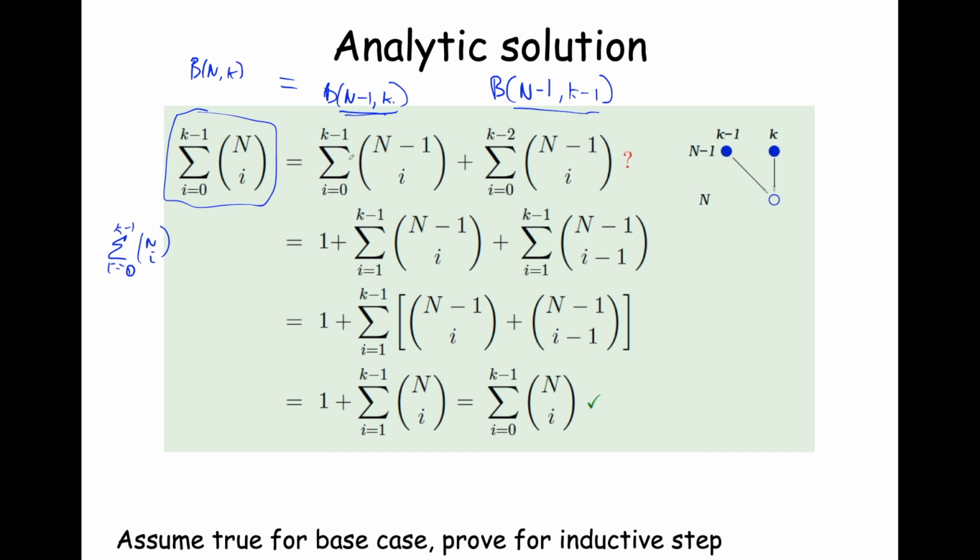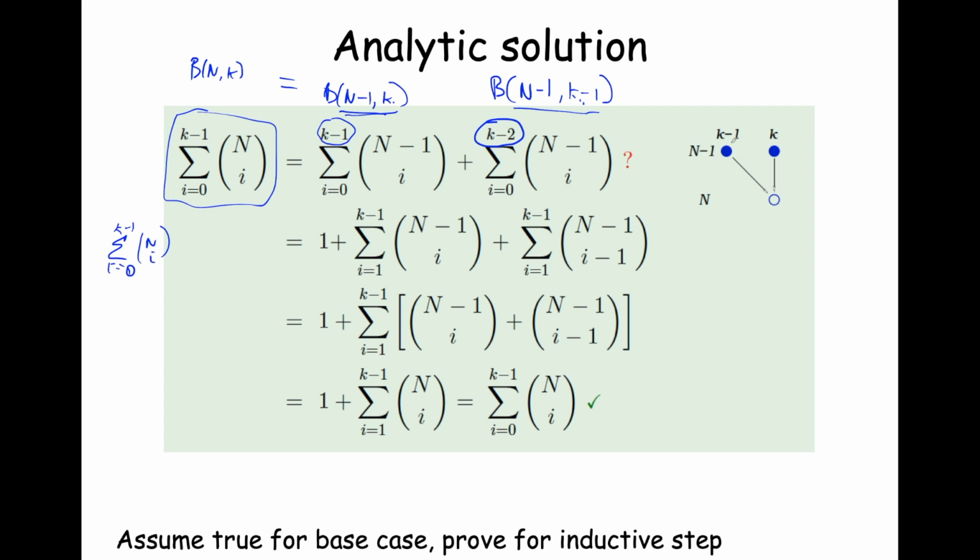And so k is here, so we write k minus 1. The sum, i goes from 0 to k minus 1 of n minus 1 choose i. Okay, that's our first one. Now our second one, okay, that's the same as saying the sum, i goes from 0 to k minus 1 minus 1, which is k minus 2. That's where we get the k minus 2. n minus 1 choose i.